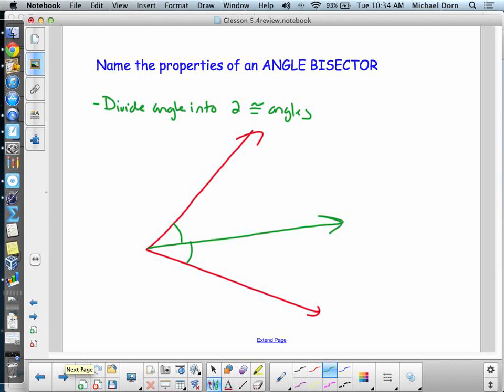What else? What do we know about points on an angle bisector? I put a point out here on the angle bisector. What do I know about that point? Okay. It does, but what was the big theorem we had here? We did all the Sketchpad talk about. What was I telling you? Remember last Tuesday we did the big Sketchpad thing.